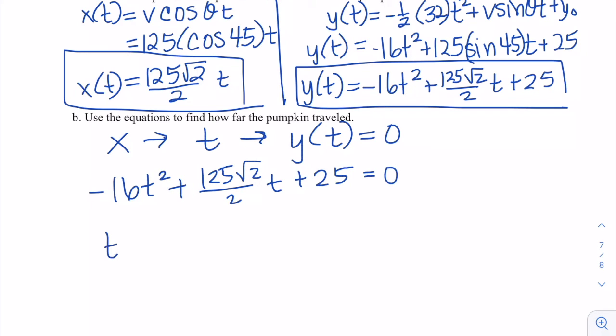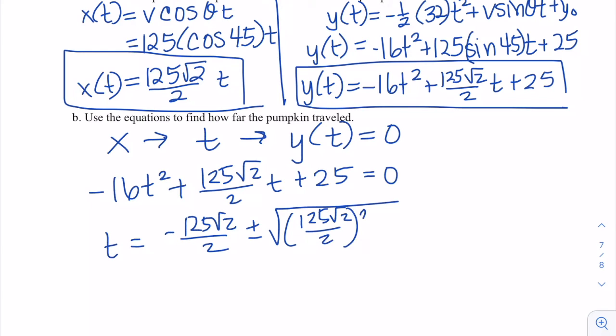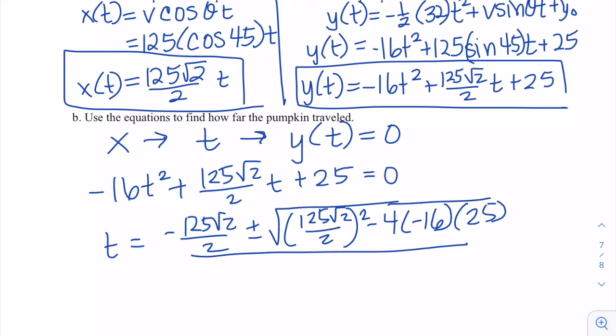So t will equal negative 125 root 2 over 2 plus or minus the square root of (125 root 2 over 2) squared minus 4 times a times c, all over 2 times a.